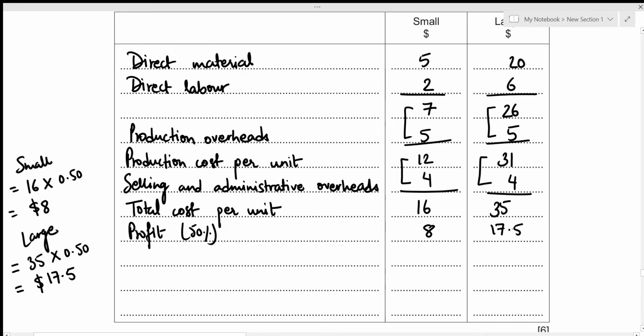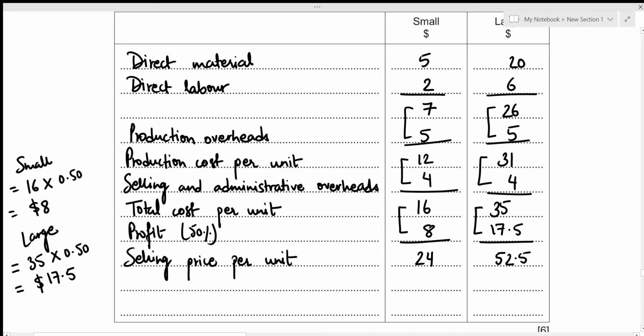Now we can easily figure out the selling price per unit by adding our total cost per unit to the profit. For small sizes, that's 16 plus 8, which is 24. And for large sizes, that's 35 plus 17.5, which is 52.5.